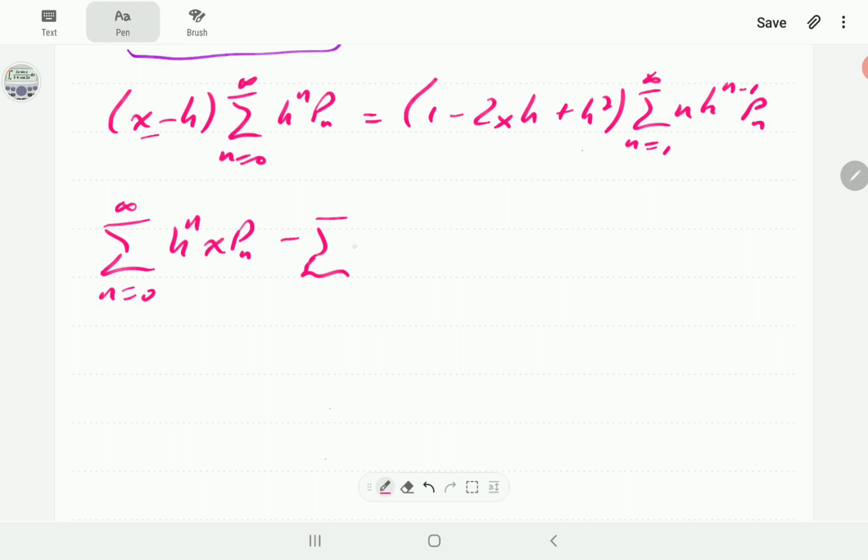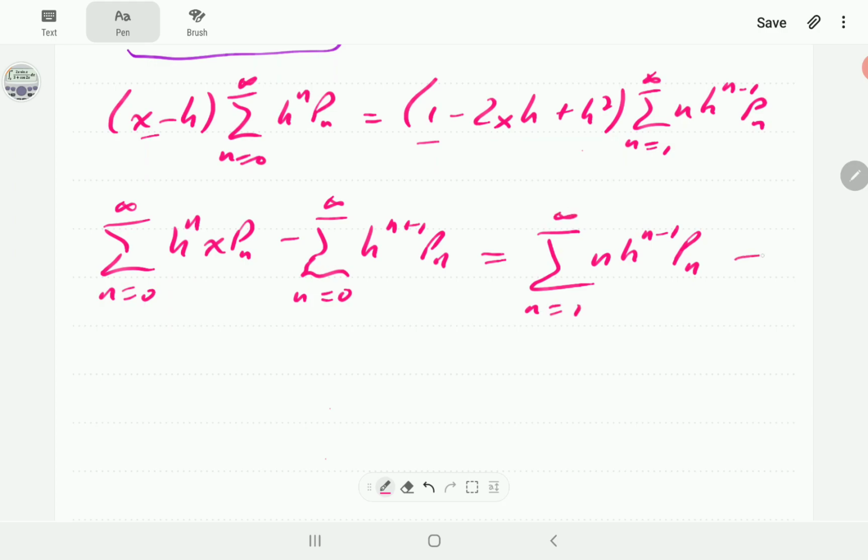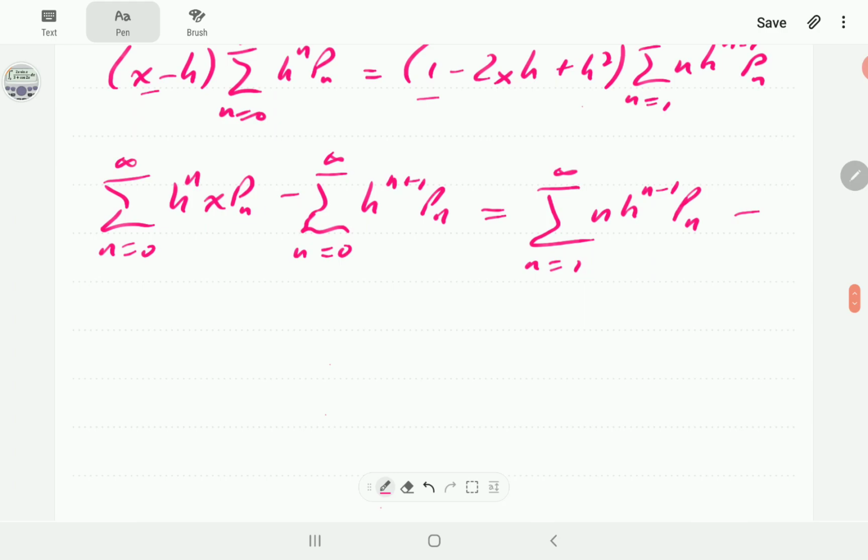Then in the second case, we're going to multiply h, so this power is going to change to n plus 1. And then on the right hand side, when we multiply the summation by 1, it's going to remain exactly as it is now. Okay, and from n equals 1. Then the second term, we're going to multiply by minus 2xh.